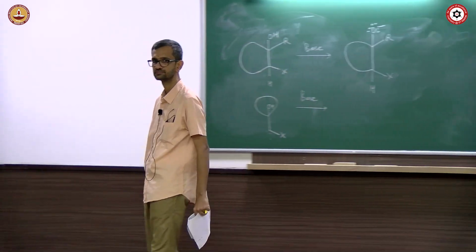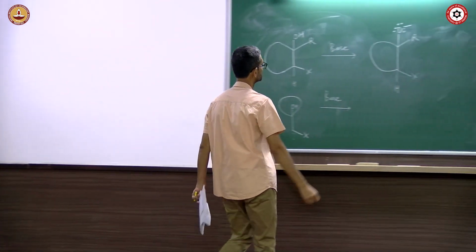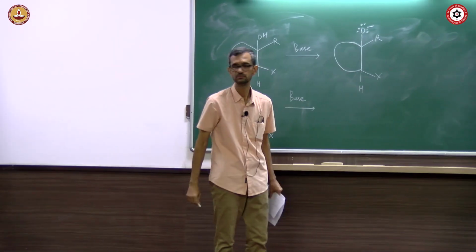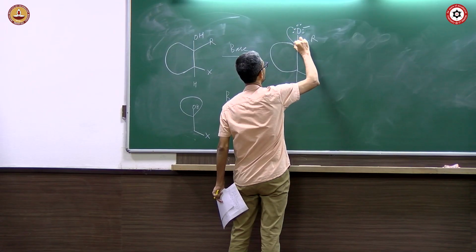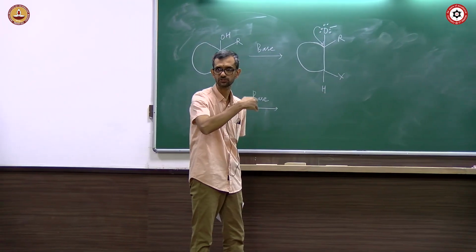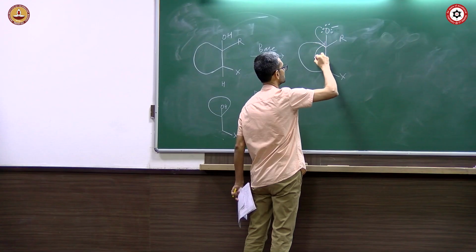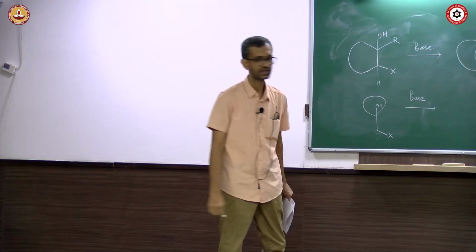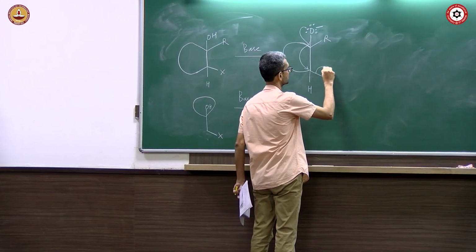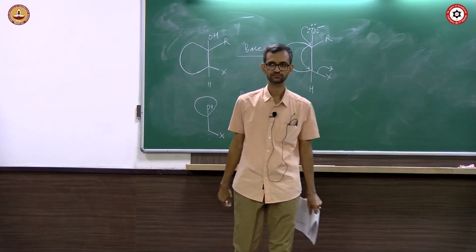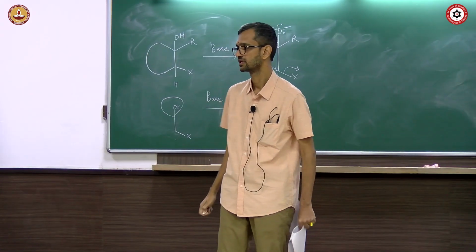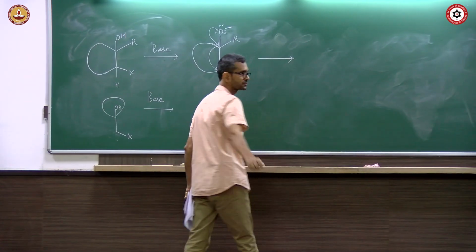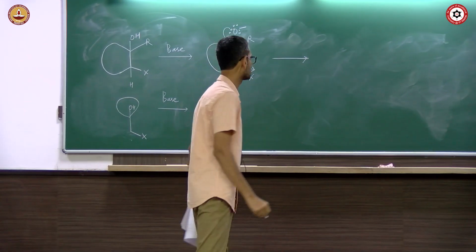What should happen? It will push the carbon-carbon bond, which will migrate to the adjacent carbon, displacing the leaving group, right? So, what will be the net result? Ring expansion or contraction? Ring contraction.